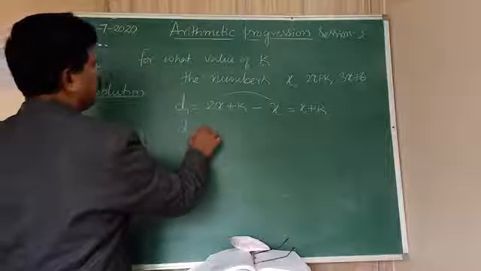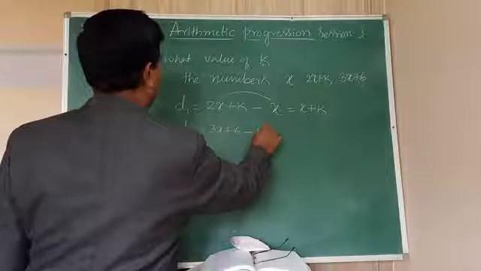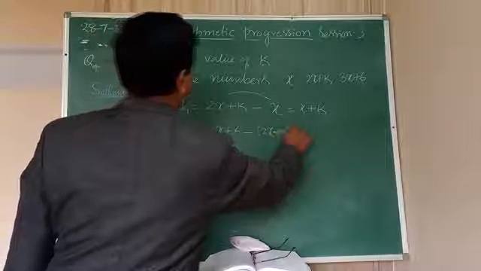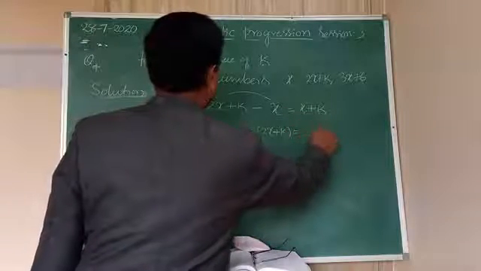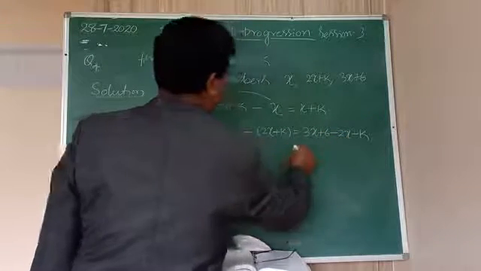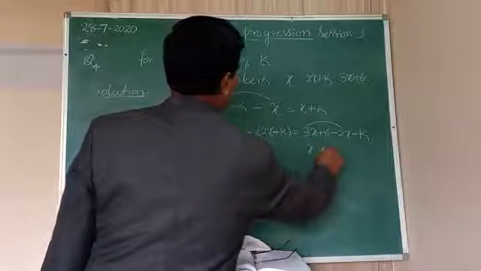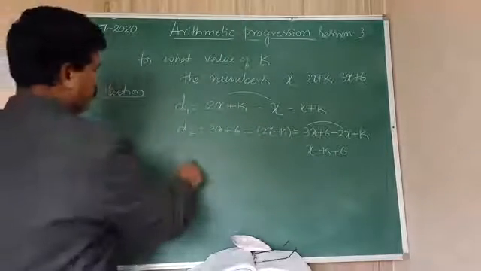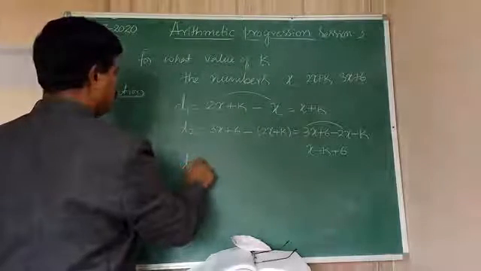Next D2 is 3x plus 6 minus of 2x plus k, so 3x plus 6 minus 2x minus k. Here 3x minus 2x is 1x minus k plus 6. This is D2. So if these form an AP, then D1 is equal to D2.